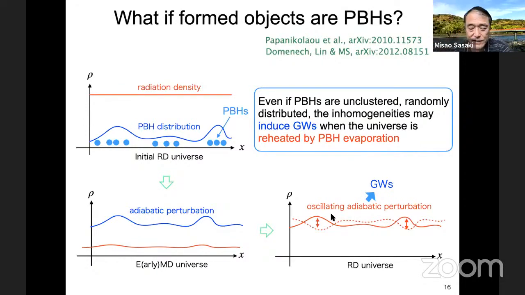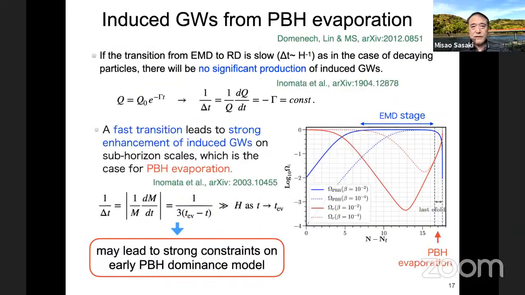It's essentially the same thing. But in this case, because the evaporation is so rapid, it occurs not like decaying particles, but in some sense instantaneously. And this instantaneous reheating of the universe from matter dominance to radiation dominance can actually enhance the gravitational wave amplitude substantially.